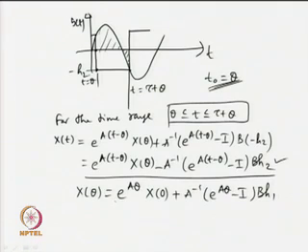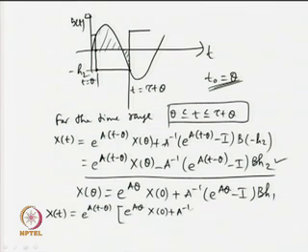So, when this x(theta) is used over here, finally, I get an expression for x(t): x(t) is equal to e to the power A(t minus theta), with x(theta) substituted here as e to the power A theta x(0) plus A inverse e to the power A theta minus I B h1, then minus A inverse e to the power A(t minus theta) minus I B h2.